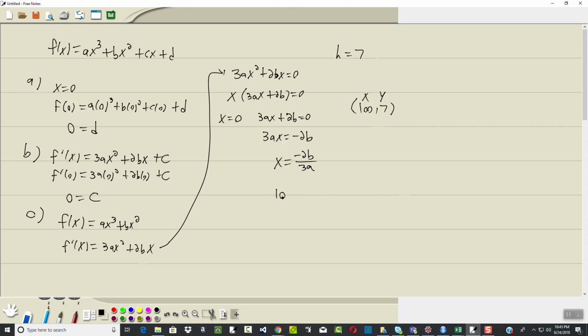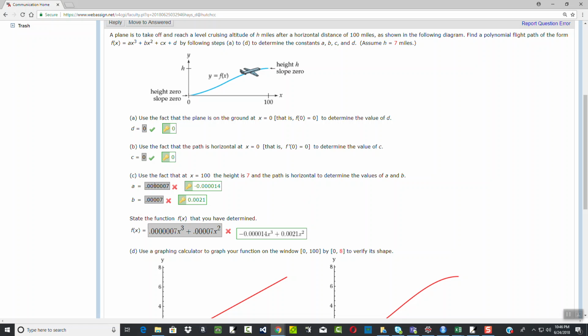So if I plug that in, let's see where that goes. Negative 2b over 3a. How does that help me find a and b from this? Path is horizontal, so it's leveled off there.